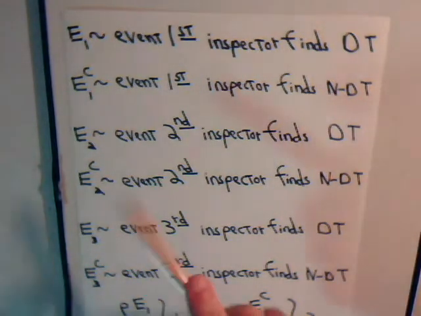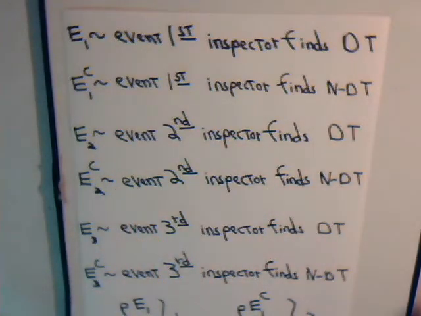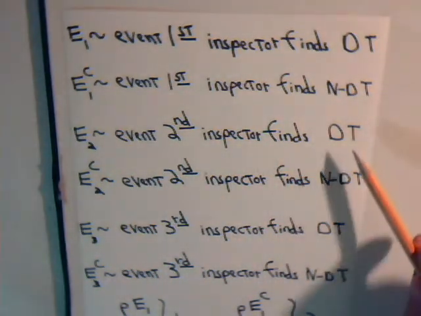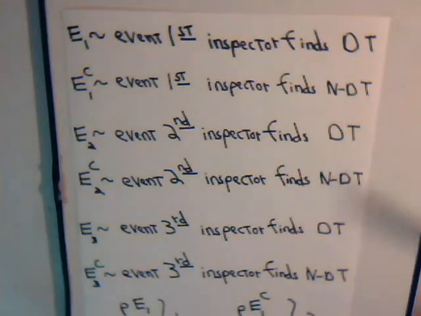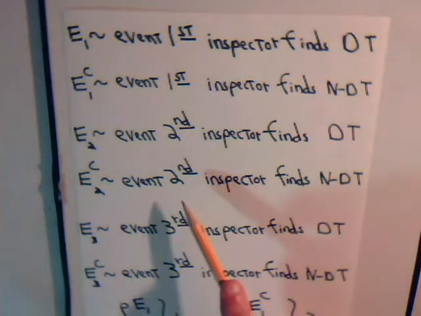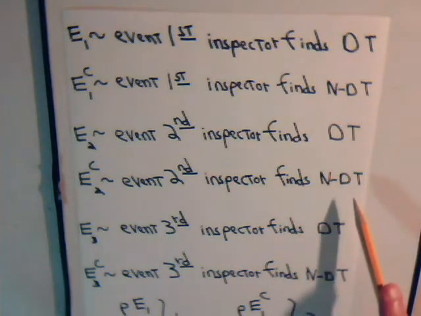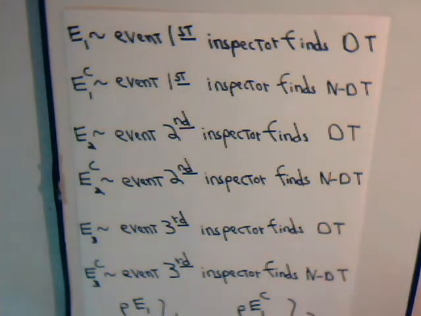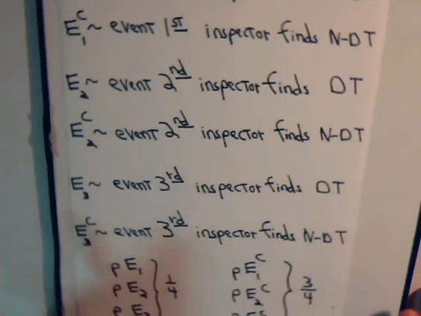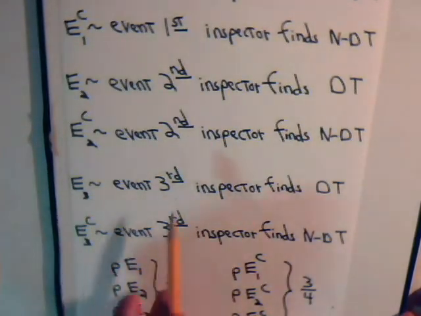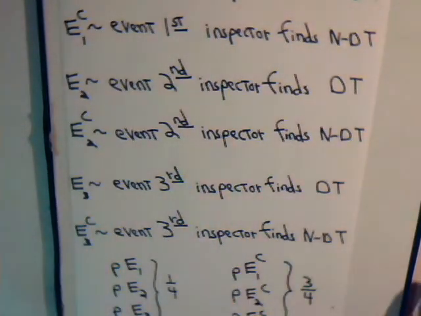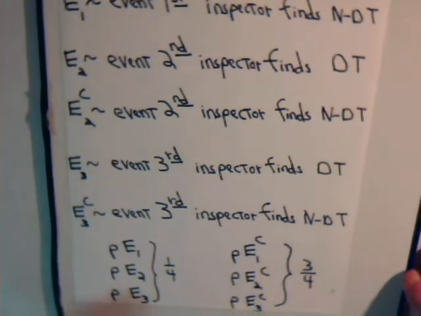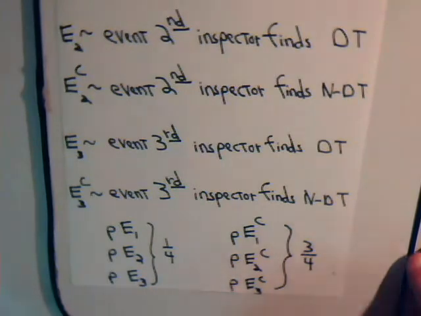E2 is the event where the second inspector finds a defective transistor, and the complementary event is that the second inspector does not find a defective transistor. The third event, E3, is where the third inspector finds a defective transistor. The complementary event E3C is where the third inspector finds a non-defective transistor.